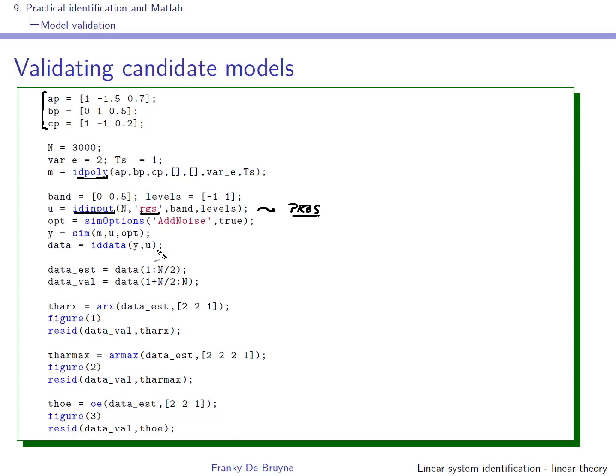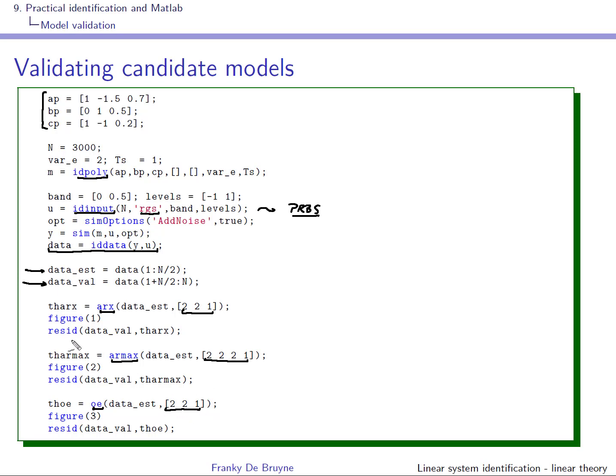And here we have the structure construction. So we put the data in an object. Then we use a data set for estimation, half of the data, and the remaining part for validation. And what we do over here is identify an ARX model structure, an ARMAX model structure, and an output error model structure, and the underlying parameters are the ones that we had decided upon before.